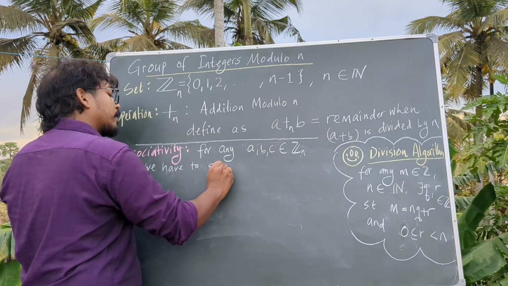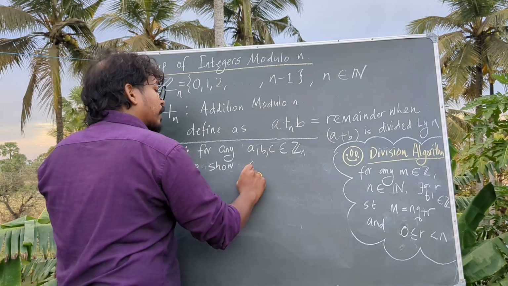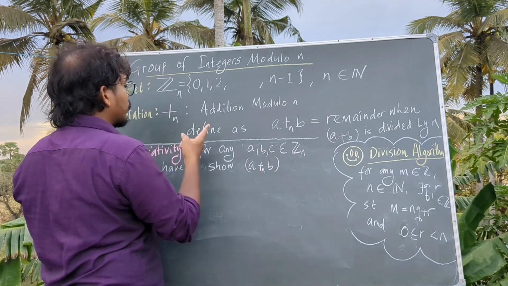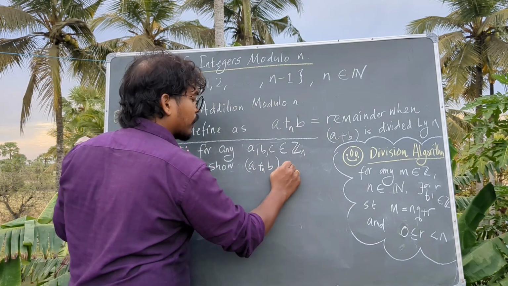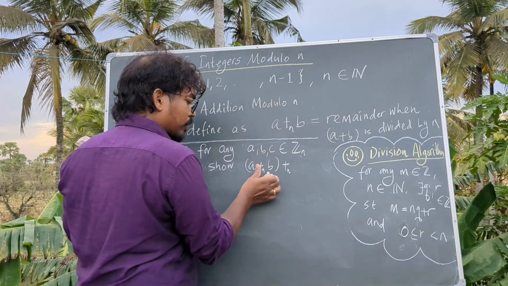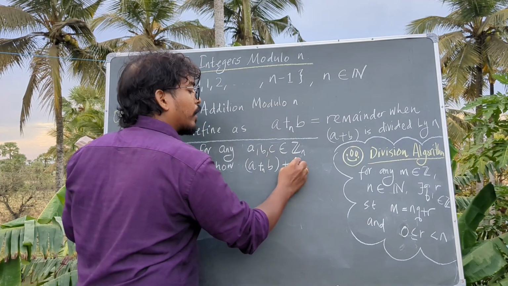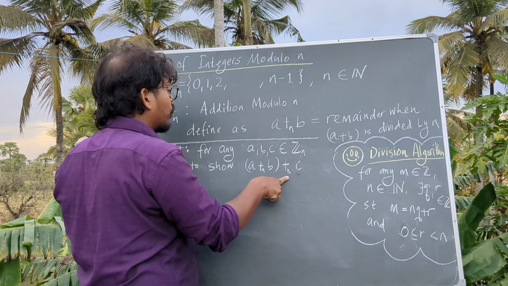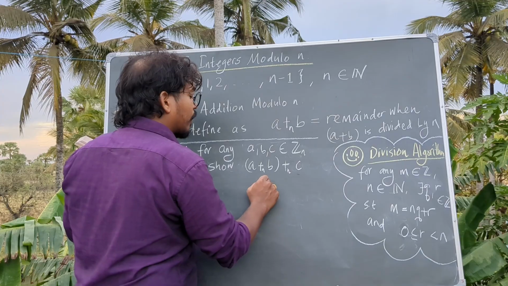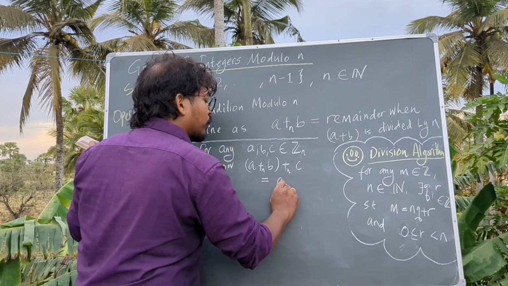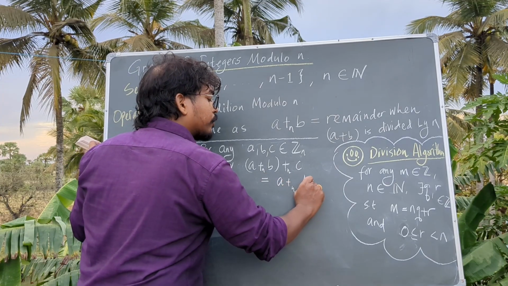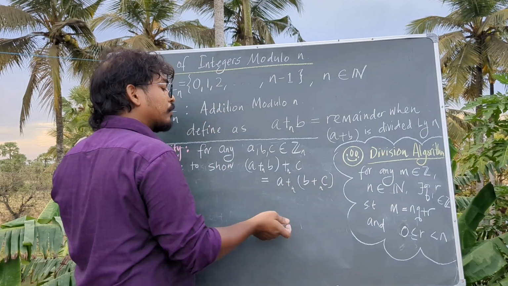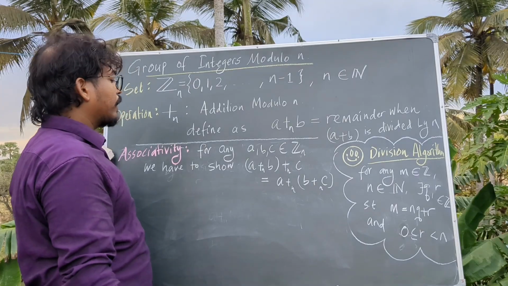We have to show that a and b operated with the addition modulo n first, then the result you get will be operated with the element c under addition modulo n, and that will be equal to keeping a, first operating b and c with our operation, then with a you will get the same result.